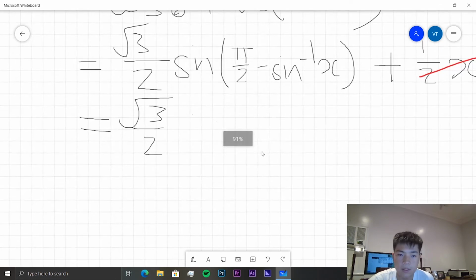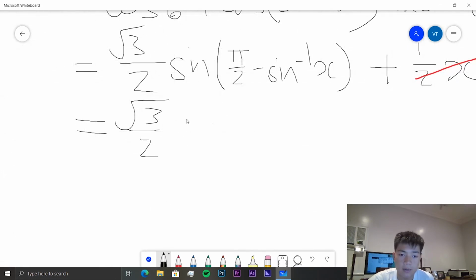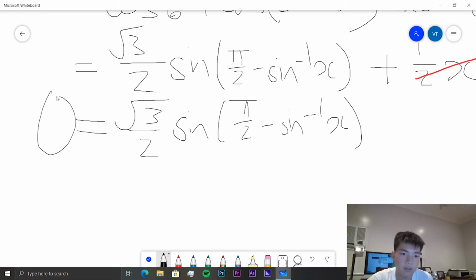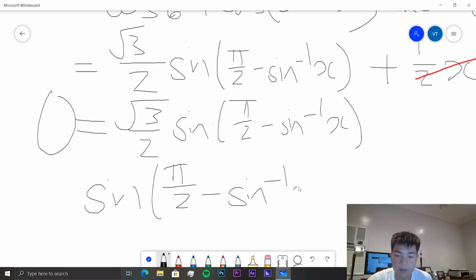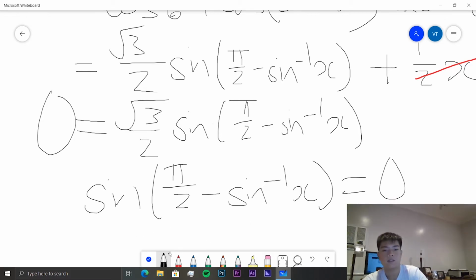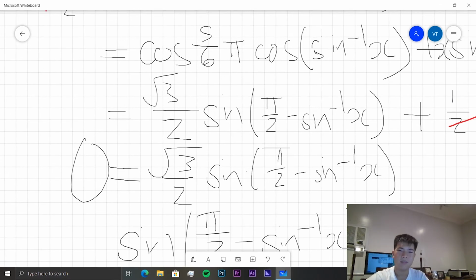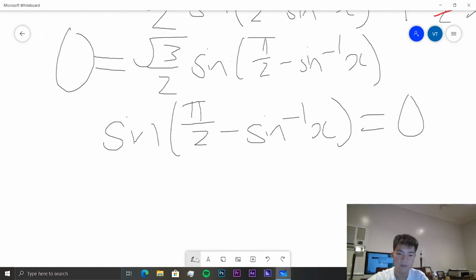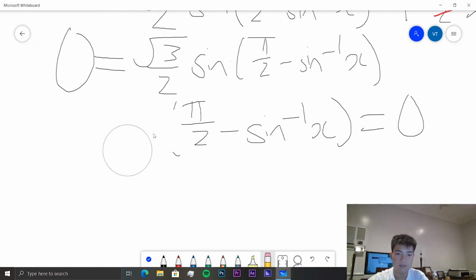Oh no. Root 3 over 2 sine pi over 2 minus sine to the negative 1 x is equal to 0 actually. Or actually, I mean, we could just leave it as cosine of sine to the negative 1 x is equal to 0. That would probably be better.